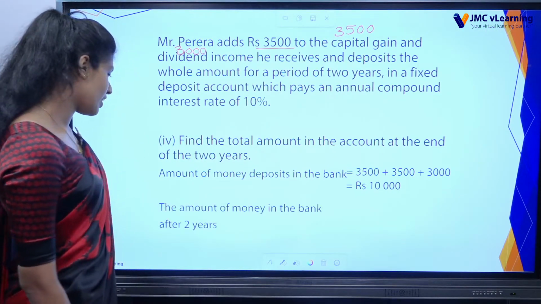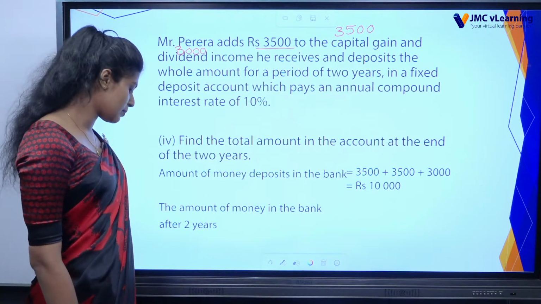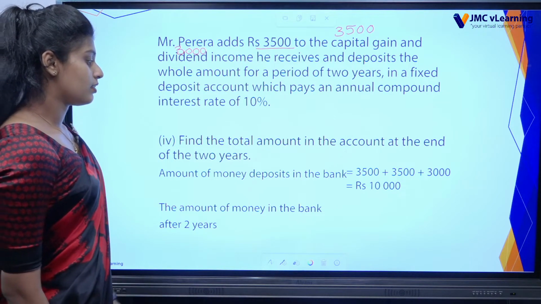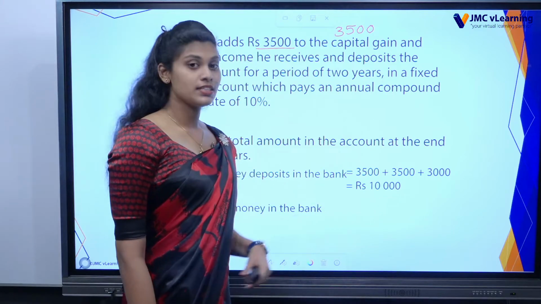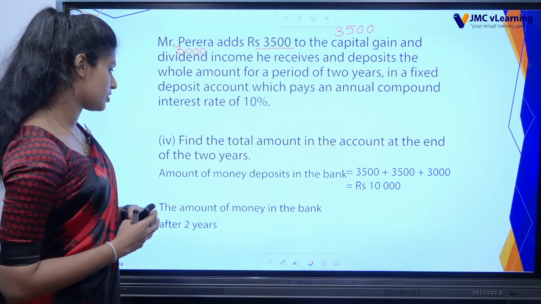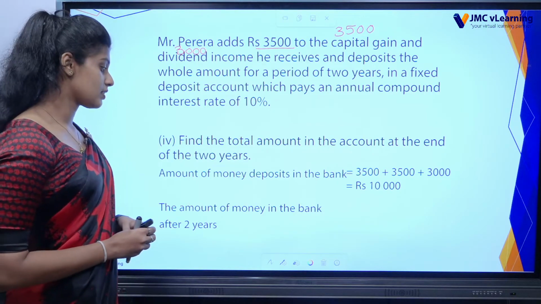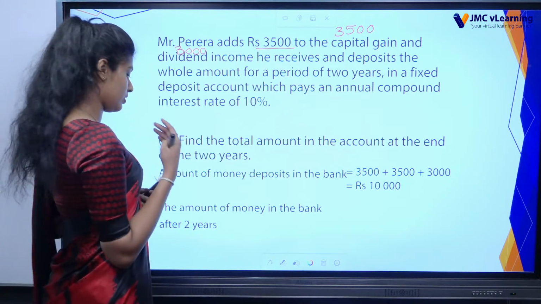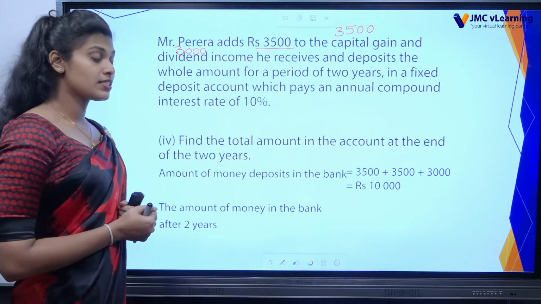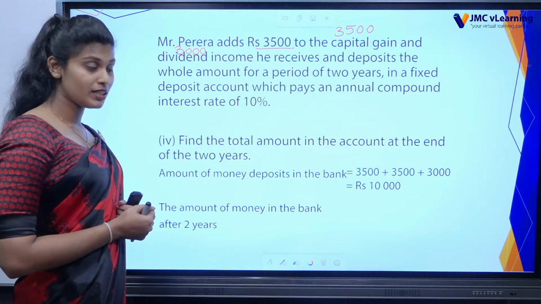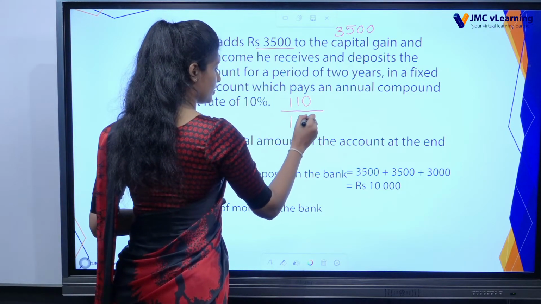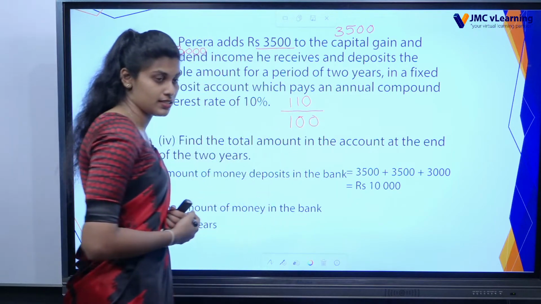Now let's find the amount of money in the bank after 2 years. The value is 10,000. First he deposited 10,000 rupees. Then the money after 1 year, how can you find that one? That 10,000 you have to multiply by 110 over 100. Why is it?